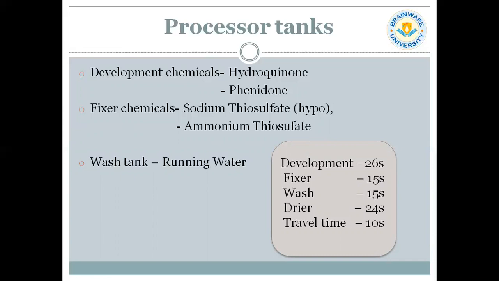And in this chart, you can see a 90-second film developing process, which will take 26 seconds in development, 15 seconds for fixer, 15 seconds for washing the film, and 24 seconds for drying the film, and the traveling time to the roller will be 10 seconds.